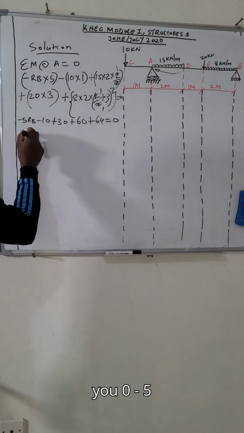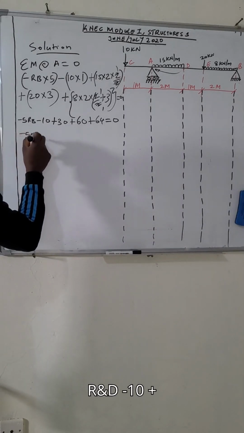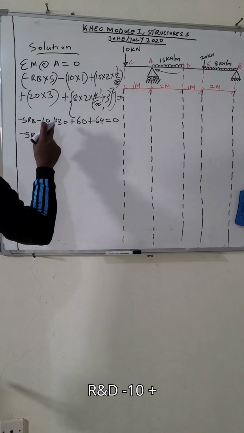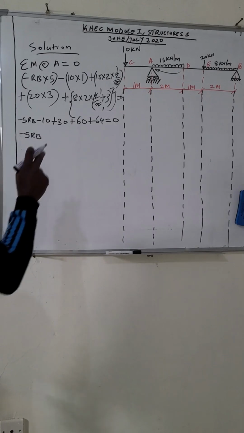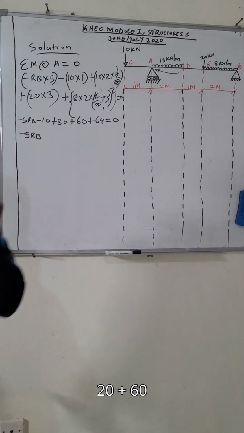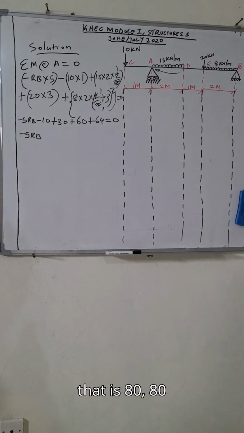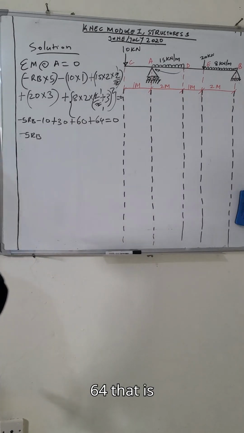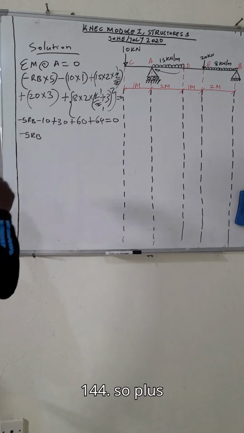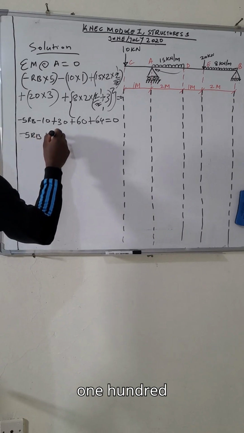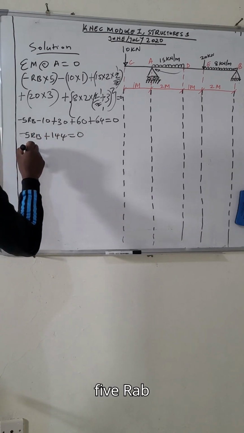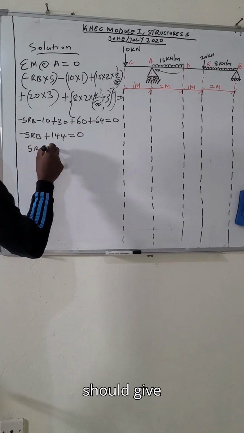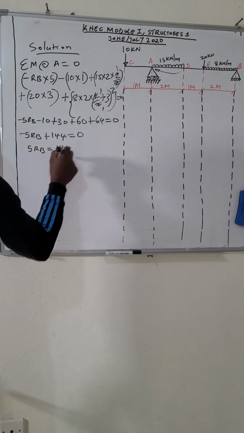Minus 5 RB minus 10 plus 30, that is 20. 20 plus 60, that is 80. 80 plus 64, that is 144. So plus 144 should give you 0. So 5 RB should give you 144.